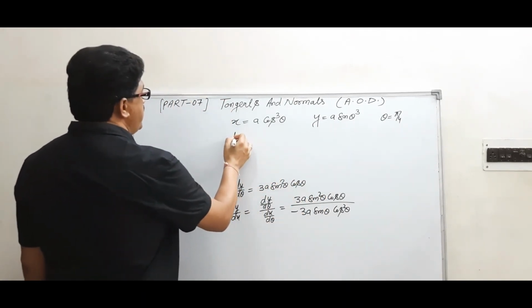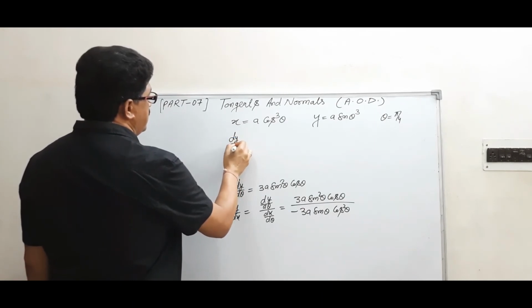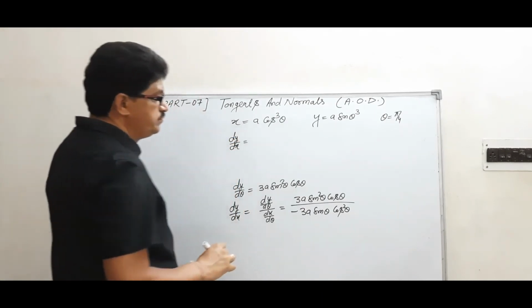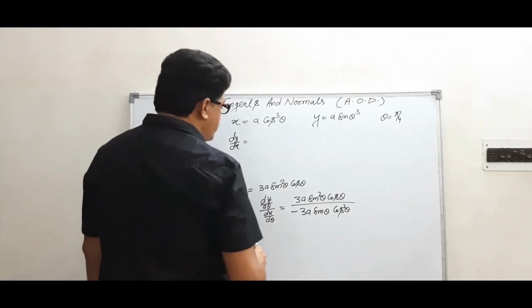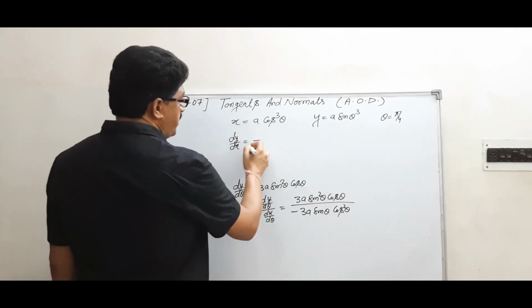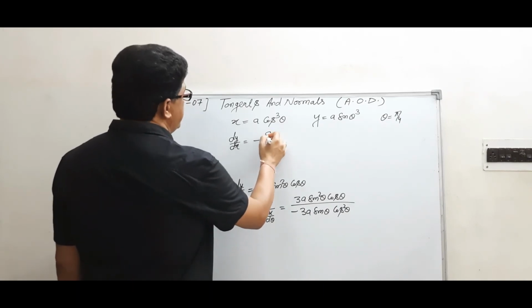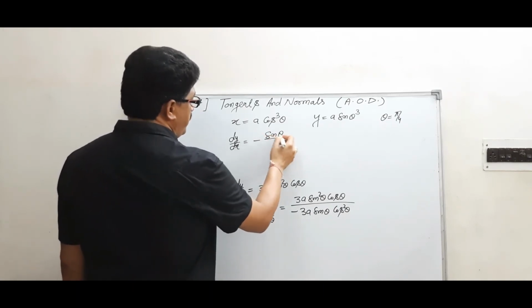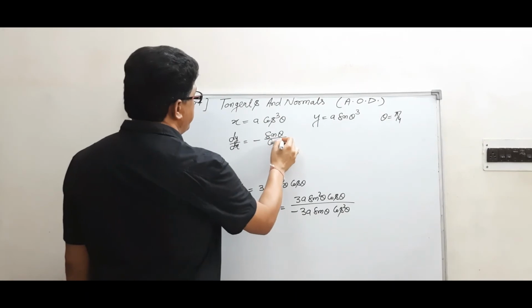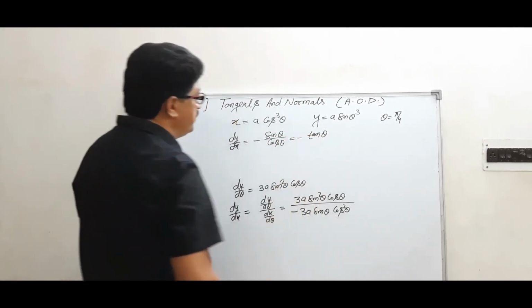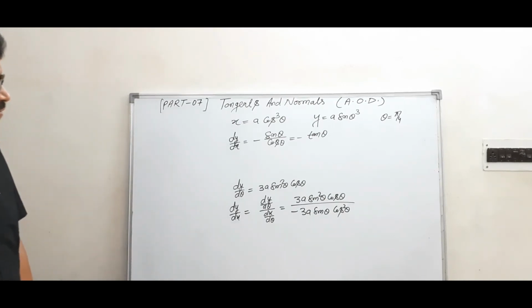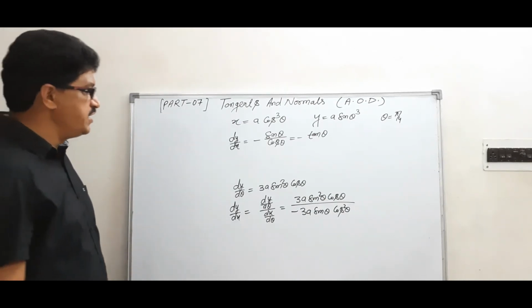The 3, sin and cos cancel, and we get minus sin theta upon cos theta, which is minus tan theta. So dy by dx is minus tan theta.